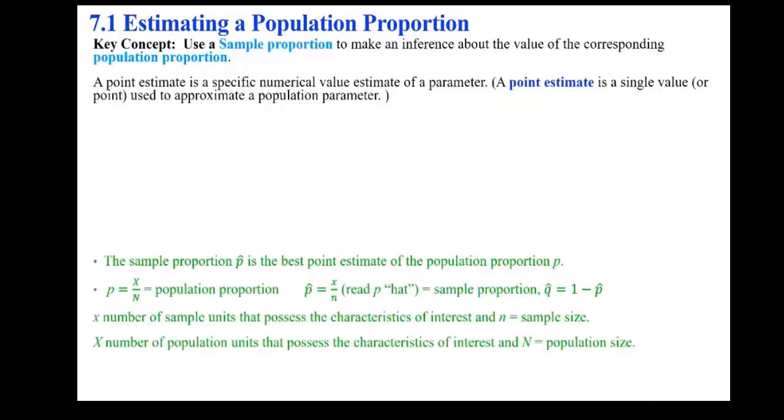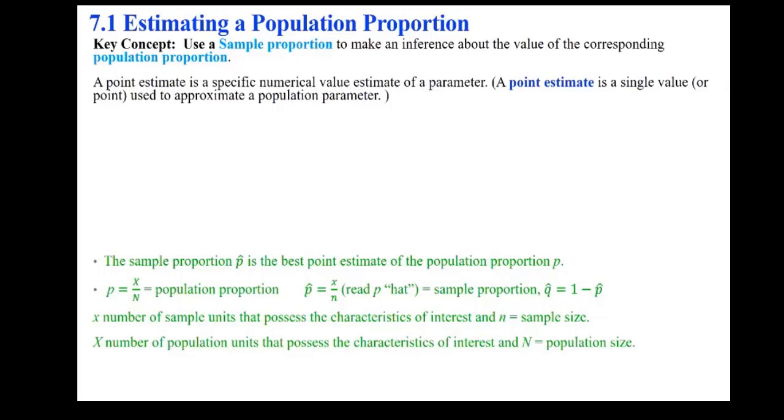Use a sample proportion to make an inference about the value of the corresponding population proportion. A point estimate is a specific numerical value estimate of a parameter. A point estimate is a single value or point used to approximate a population parameter. The sample proportion P hat is the best point estimate of the population proportion P. P is equal to X over N, the population proportion.